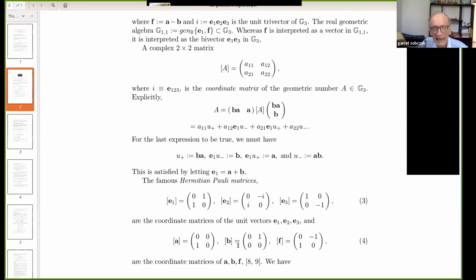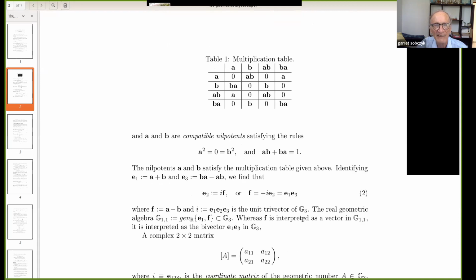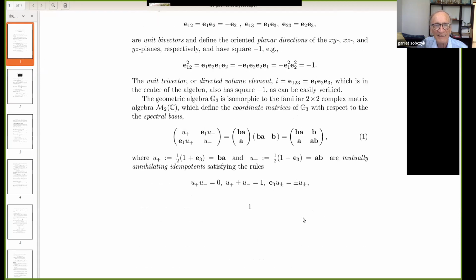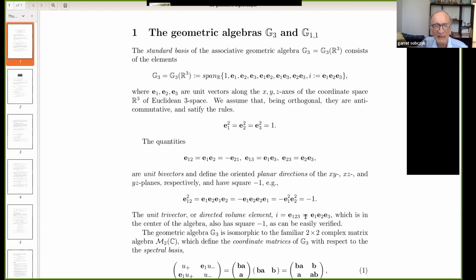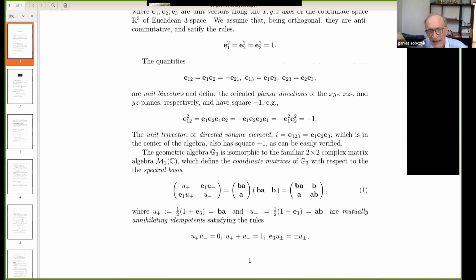So A times B, actually, if you multiply A times B, you get the matrix 0, 0, 0, 1 with a 1 down here. BA is a matrix. Let's see, do I give that or not? Oh, yeah, I don't have it down here. But that's the thing. You see, BA corresponds to a 1 here.